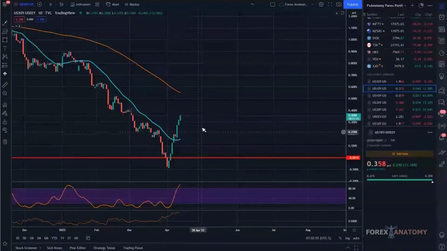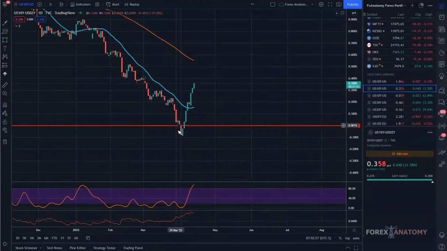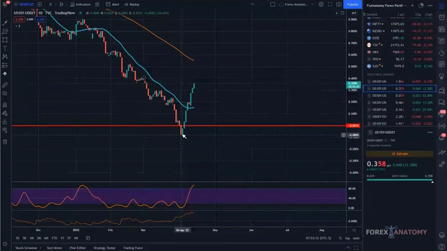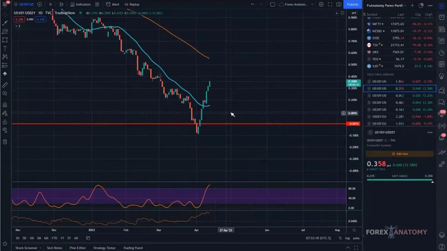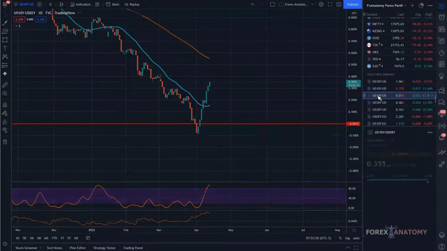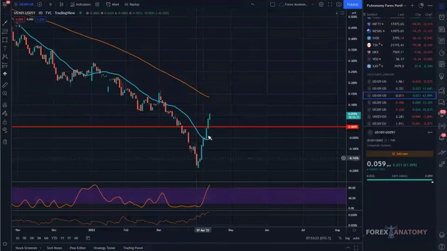And we can see that for the yield curve, it's continuing to steepen, move out of negative territory. We see the yield spread widening, which is really good. This is the US 2-year to 10-year yield curve. So then we see that it's widening. And what was interesting is that one of the other yield curves, the 5-year, 10-year, right here, actually just broke out above and began to widen as well.